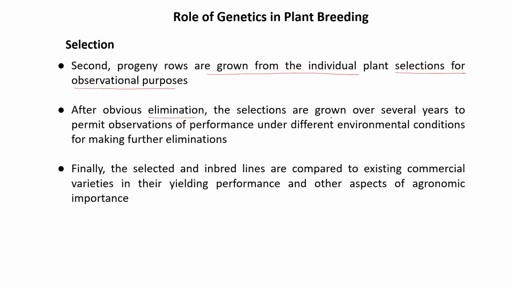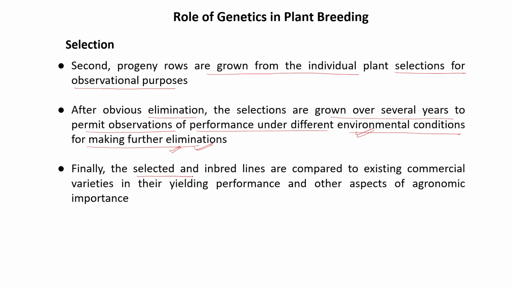The selections are grown over several years to permit observation of performance under different environmental conditions for making further elimination. So this is a time-taking process in which you have to grow these crops a number of times. You have to record the environmental conditions and then select or eliminate the undesirable ones and select the desirable ones.